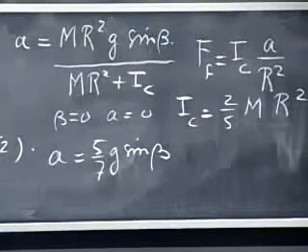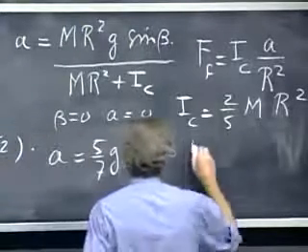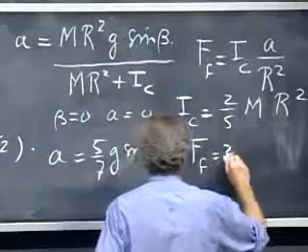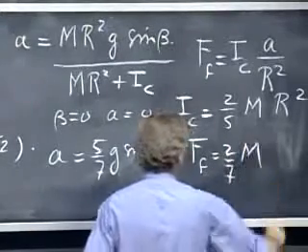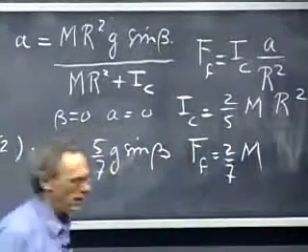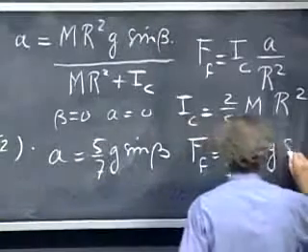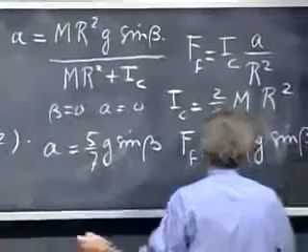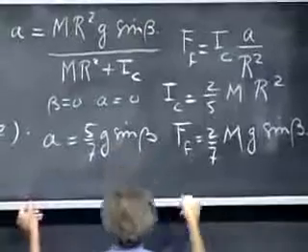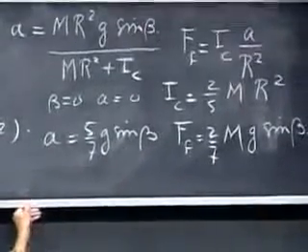And I find that the frictional force, F of f, equals 2/7, I believe, times mg sine beta. Indeed. These are the results by substituting the moment of inertia in there.